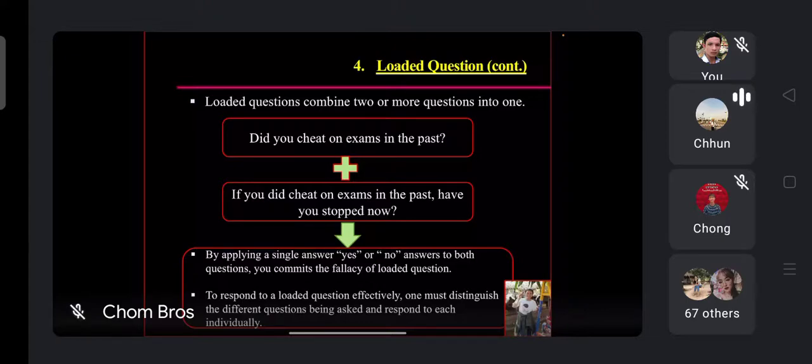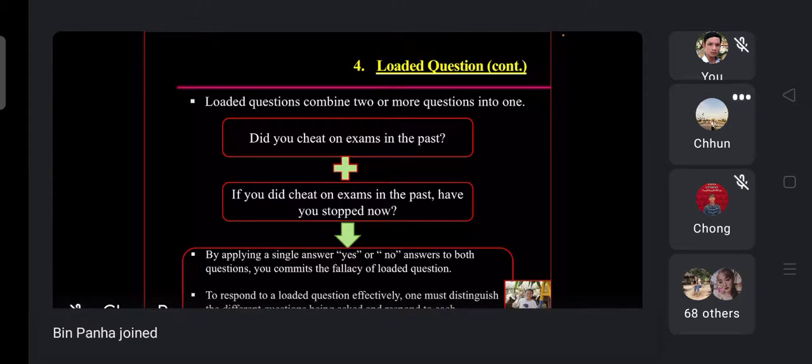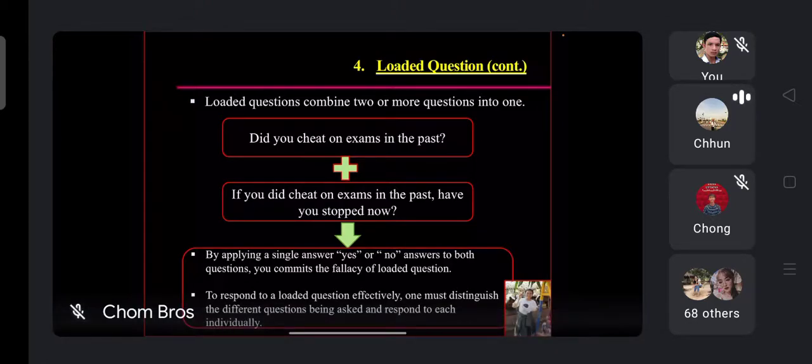Remember that a loaded question combines two or more questions into one. As you see on the previous slide, the original question is, have you stopped cheating on exams? But inside that question are smaller questions. The first is, did you cheat on exams in the past? And the second is, if you did cheat on exams in the past, have you stopped now?